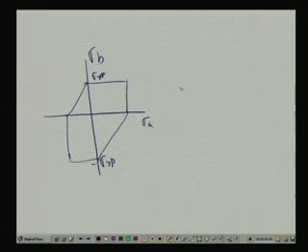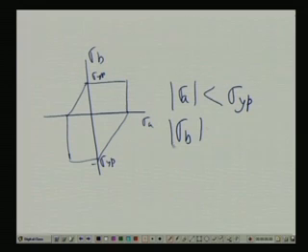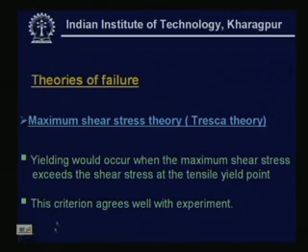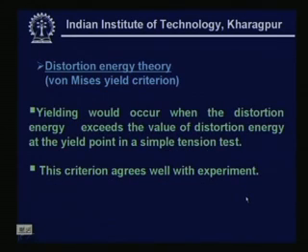We got the equations of the form: sigma A for a safe design, sigma B modulus for the safe design, and sigma A minus sigma B for the safe design again comes out to be the yield point. Sometimes we can also use an equality to get the extreme points in this particular graph. So we go back to the other theories.